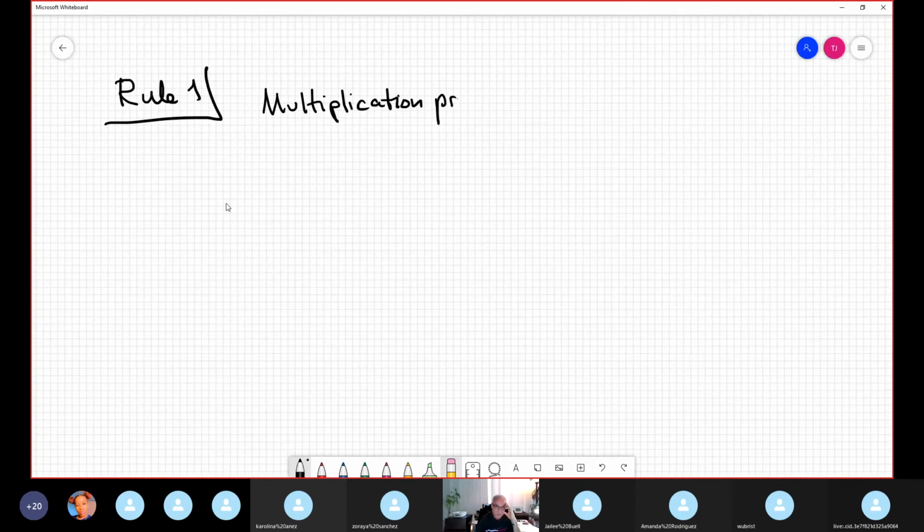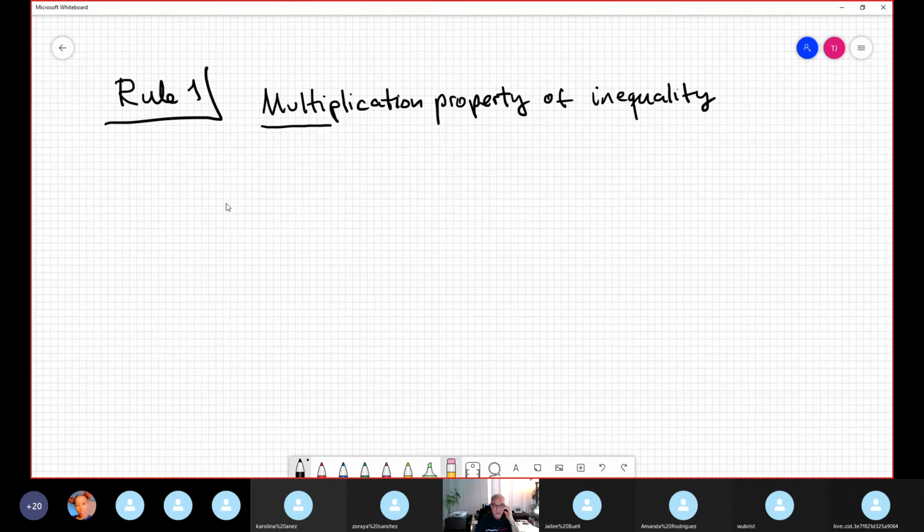Suppose that you have an inequality. If for some reason you need to multiply by -1 or by a negative number, or divide by a negative, it doesn't matter, multiplication or division, it's obvious that you have to reverse the inequality sign.